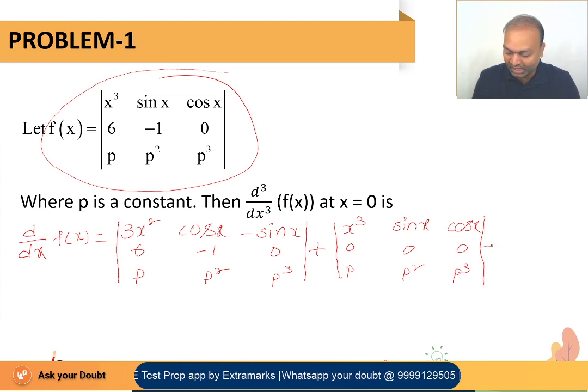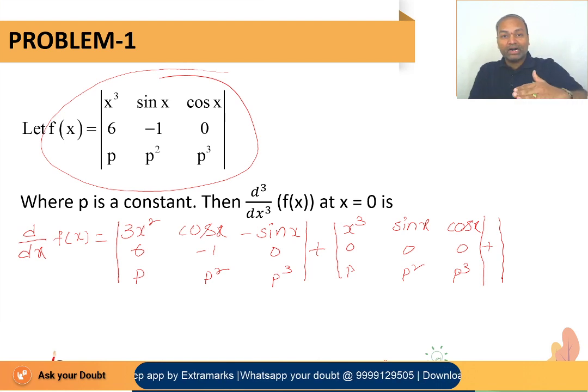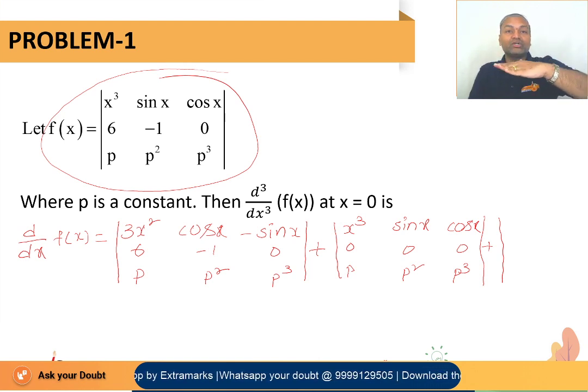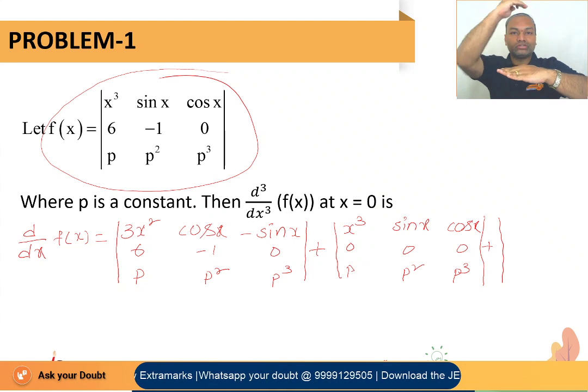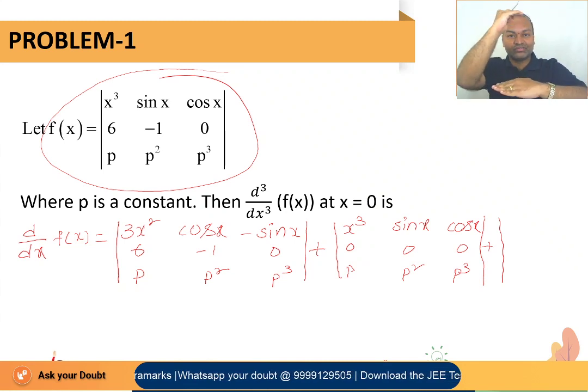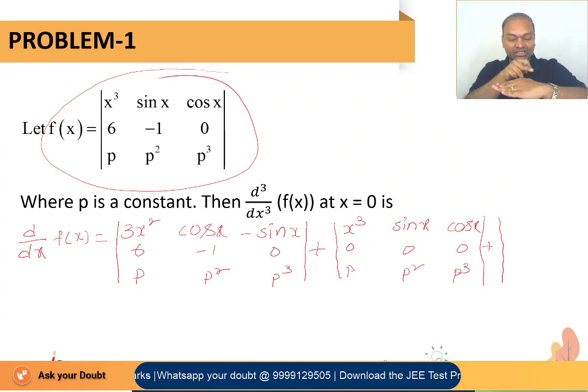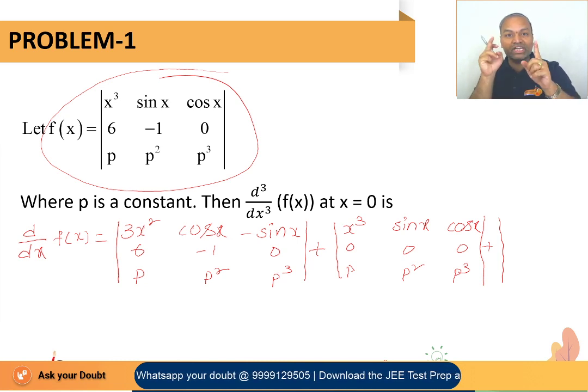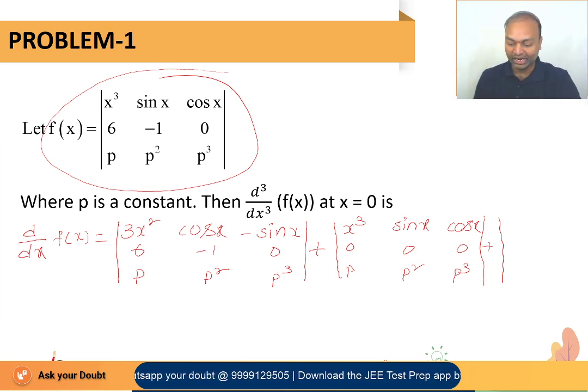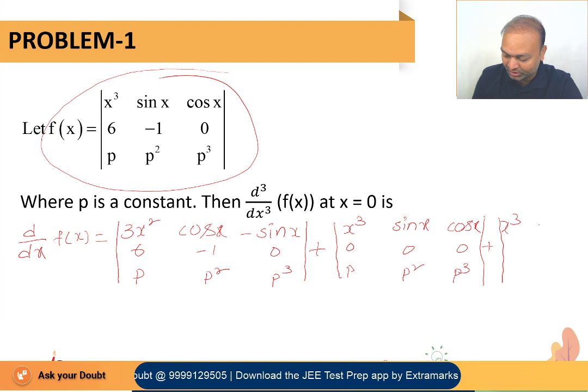Okay? Plus, coming to the third part. In the third part, you write only the third row derivatives. The first row and second row as it is. Only the third row derivatives write down. Understood? Right. First row values are what? x cube, sin x, cos x.